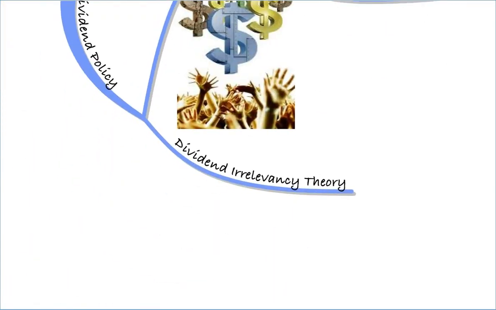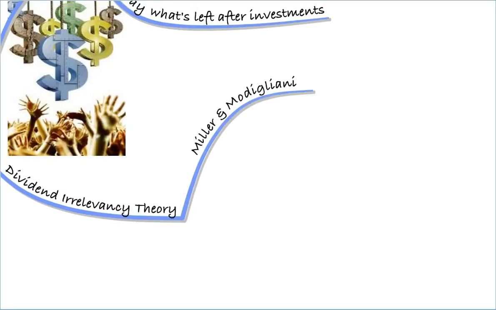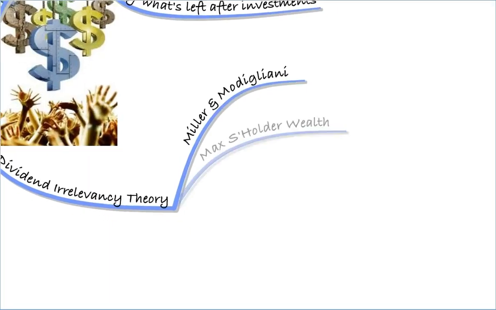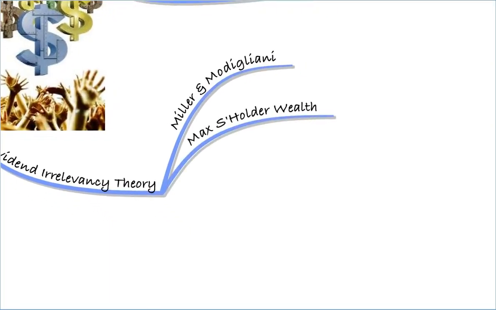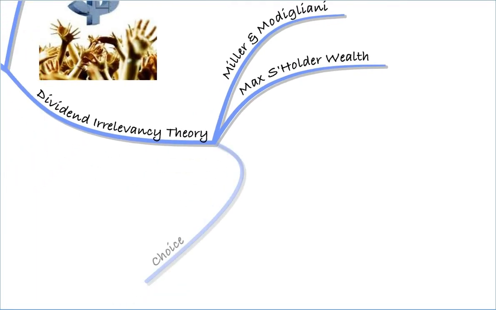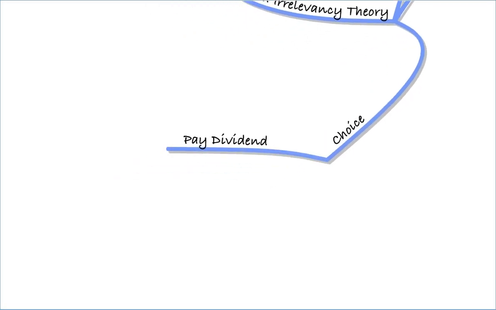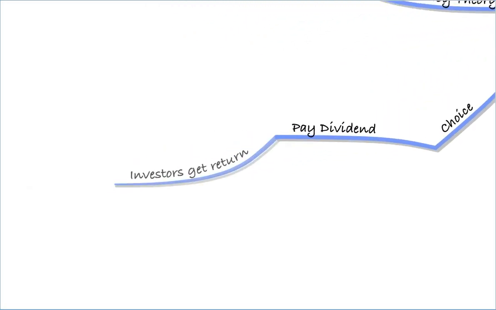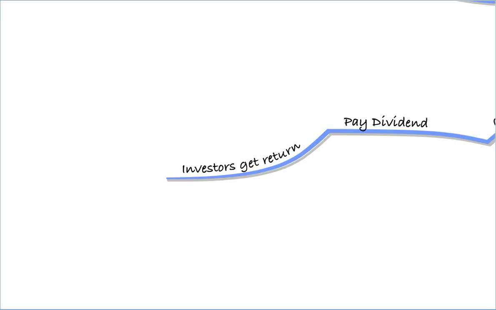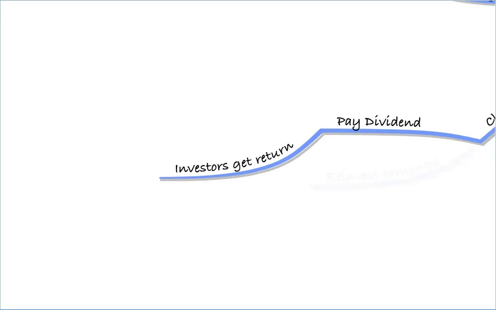Dividend irrelevancy theory. This was put forward by Miller and Modigliani. Remember, they focused on maximisation of shareholder wealth. So what they said was that the business had a choice. It could either pay a dividend, in which case the investors would get their return in the form of that dividend.